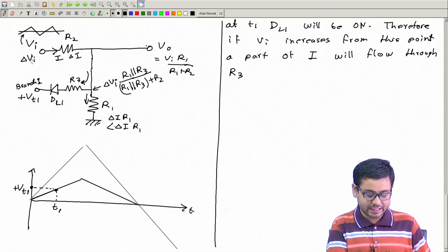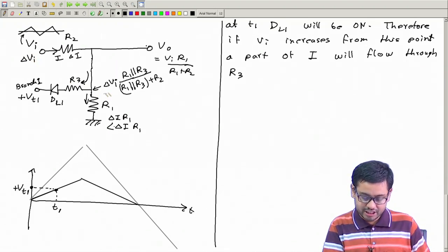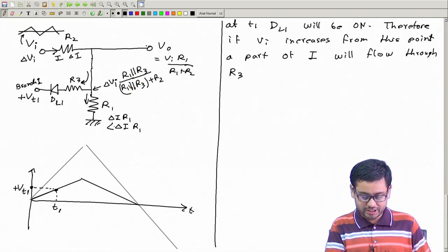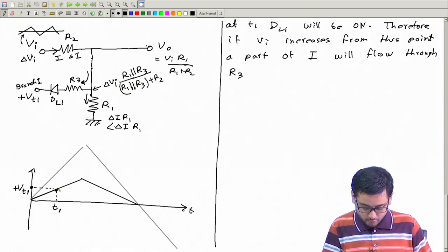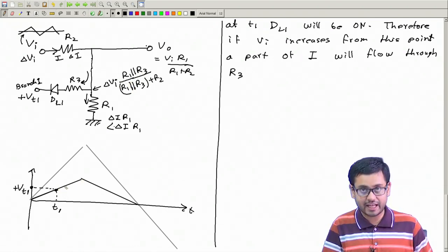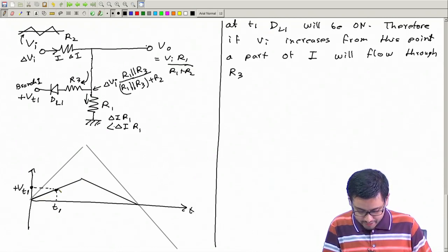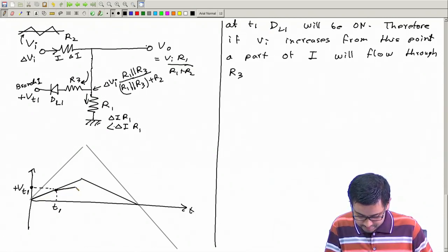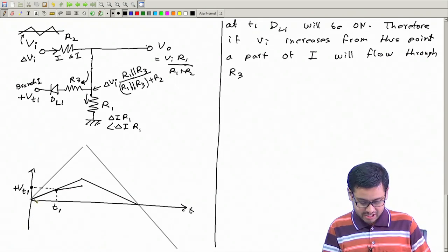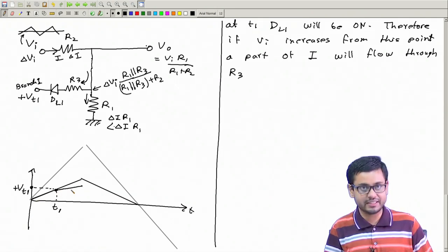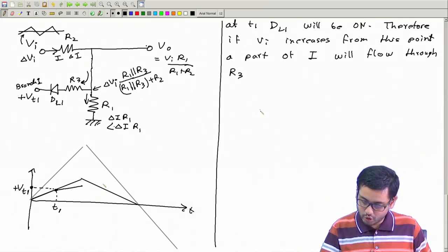So if this increases by delta Vi, this voltage will now increase only by this amount. Therefore, the voltage will not increase as fast as it was increasing here, but it will increase at a slower rate, like this. It was increasing like this, and now it will increase like this at a slower rate. Okay.